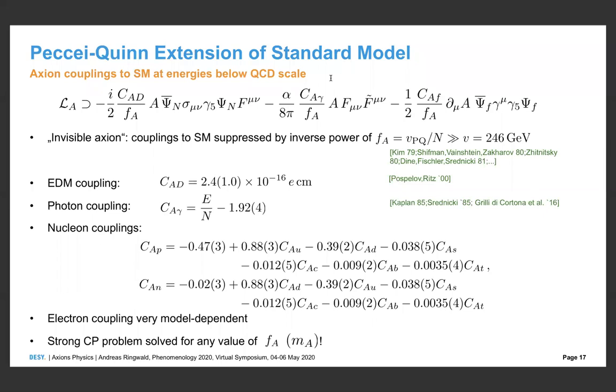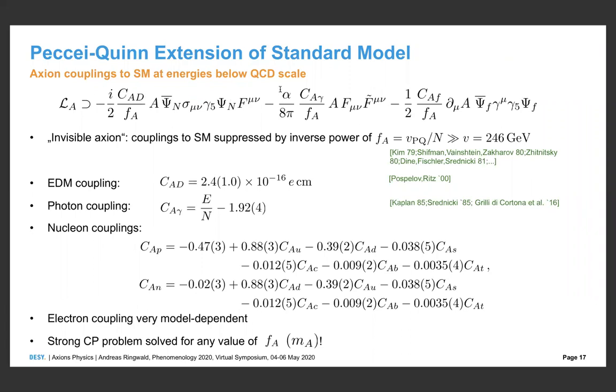And so there will be, of course, a guaranteed interaction with the nucleon electric dipole moment. There will be a coupling to photons, and there will be coupling to the spin densities in the theory.